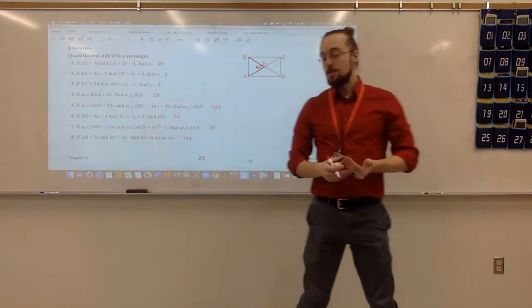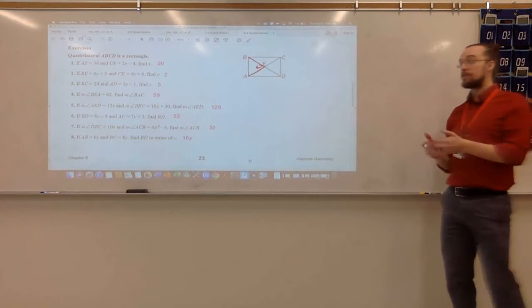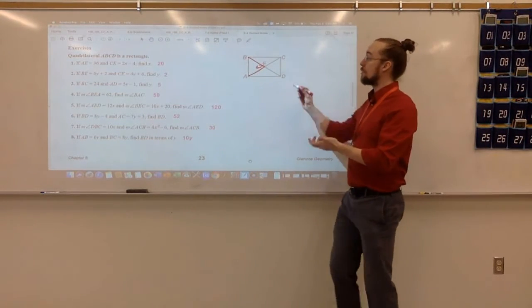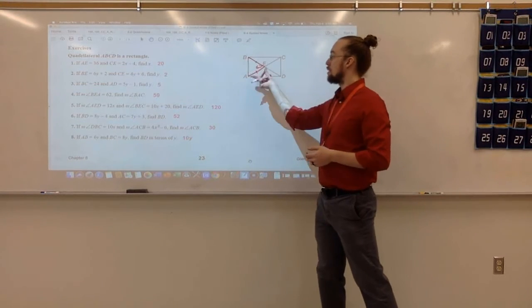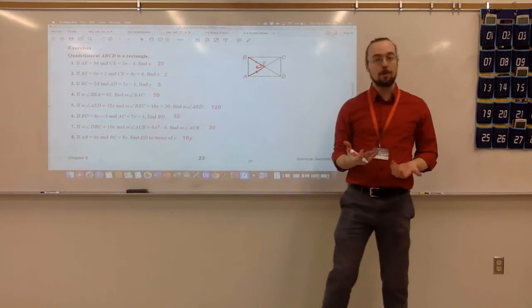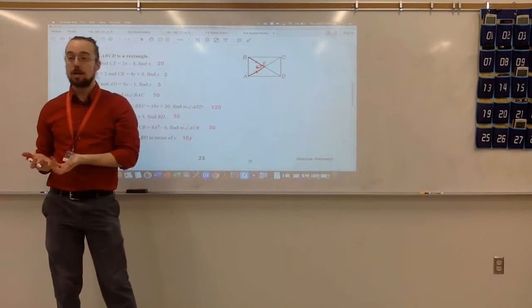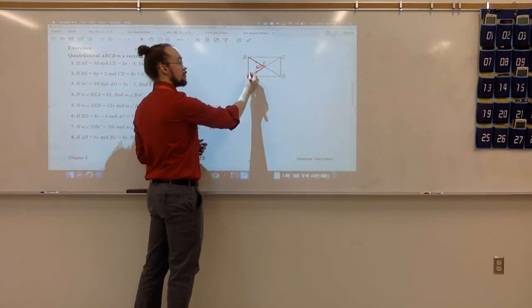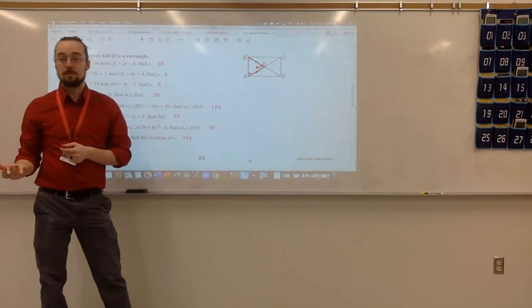Well, since this is a parallelogram and a rectangle, I know the diagonals bisect each other and are congruent. So both of these pieces, BE and AE, would be congruent. So what we end up with here is an isosceles triangle, right? If these two sides are the same, these two angles would be the same.